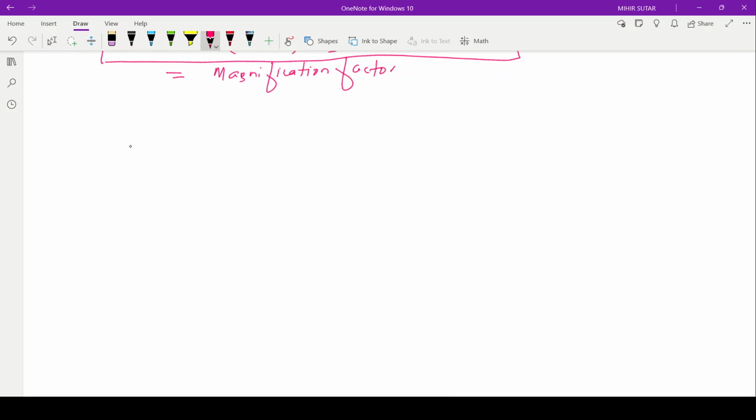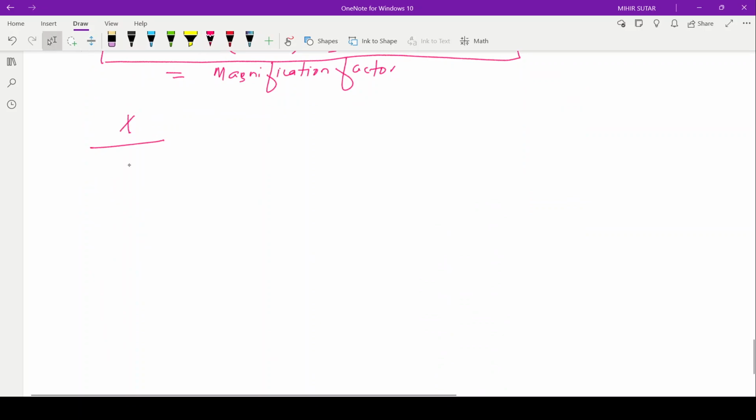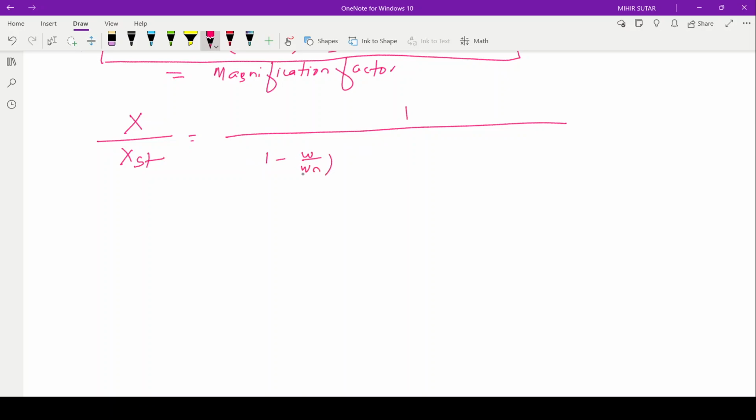So if we write in this fashion x by x st, it will be 1 divided by the square root of 1 minus omega by omega n whole square plus 2 zeta omega by omega n whole square.